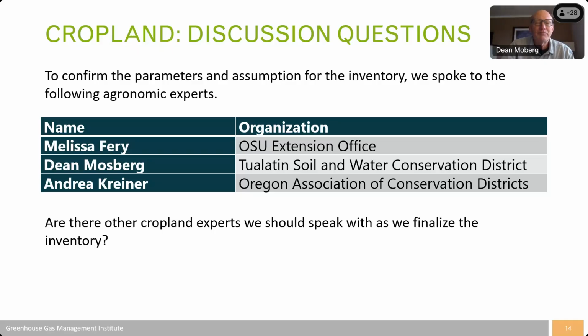The one thing we are still working on, to complete this project on time and on budget, is that we're trying to go down as far as we can in the list of croplands. But I don't want an arbitrary cutoff.